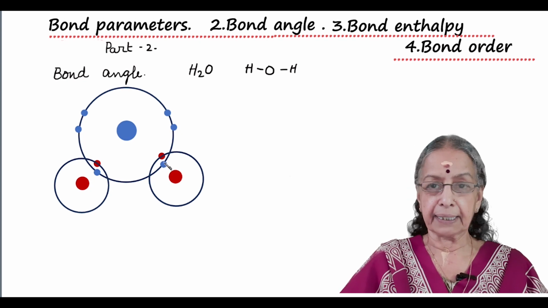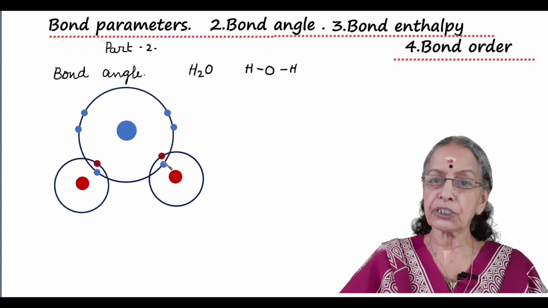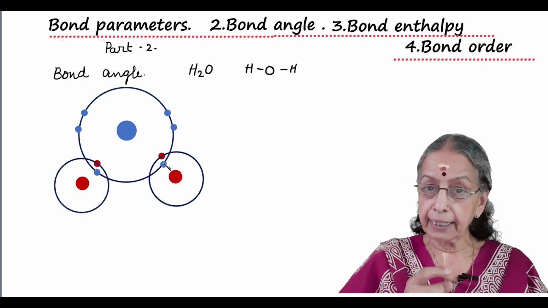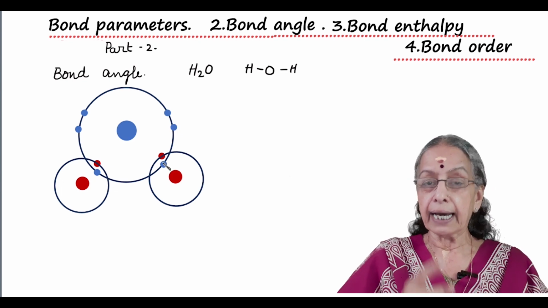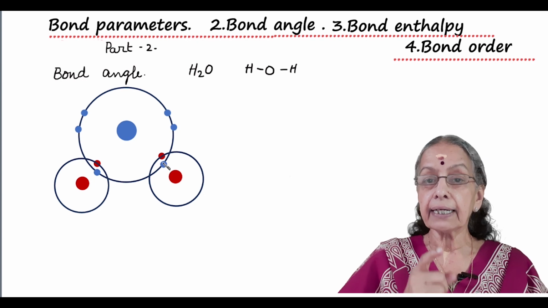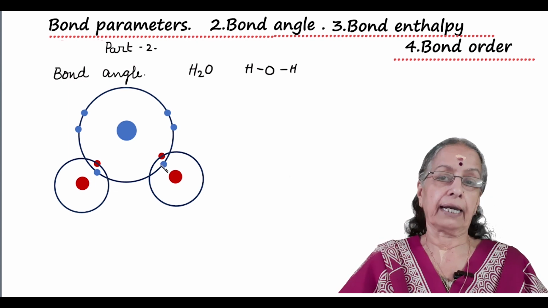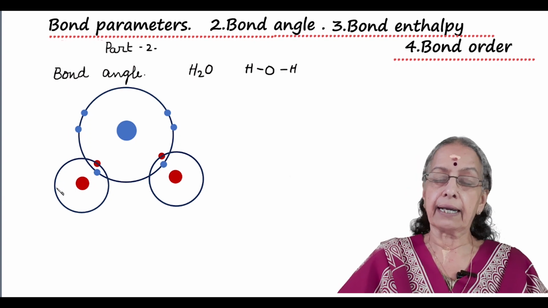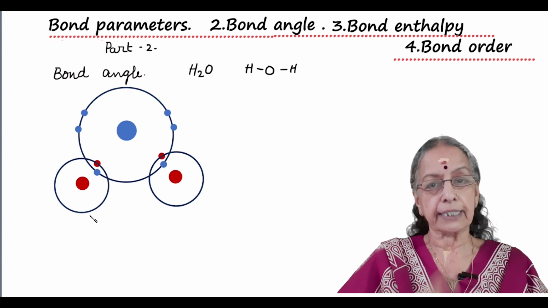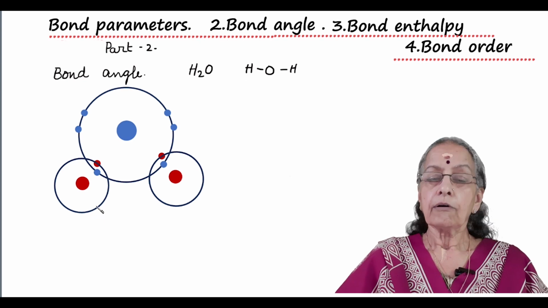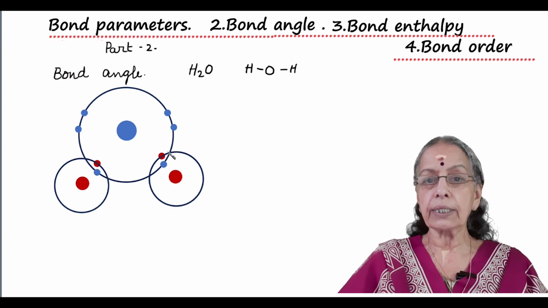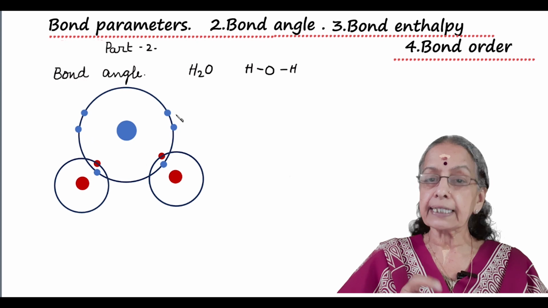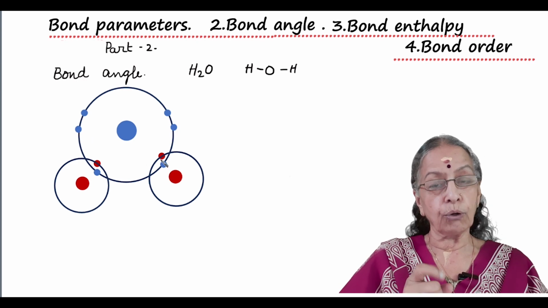Please see the diagram. What does the definition tell? Definition says that it is the angle between the valence shell bearing the bonded pair of electrons. For hydrogen atom, there is only one shell and that is the valence shell. It has only one electron. For oxygen atom, I have shown its valence shell with 6 electrons in it, shown in blue color.